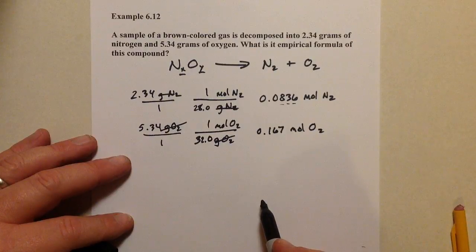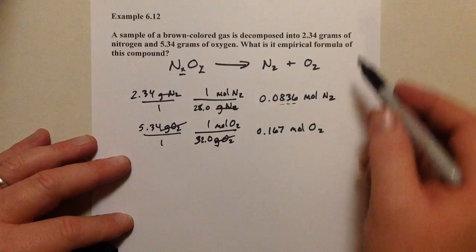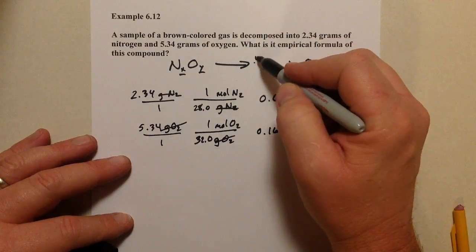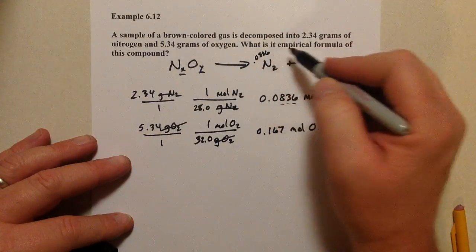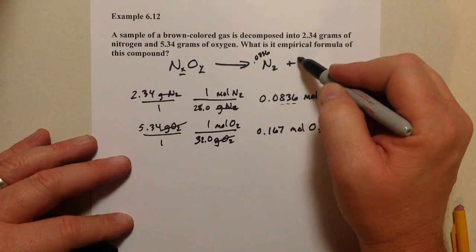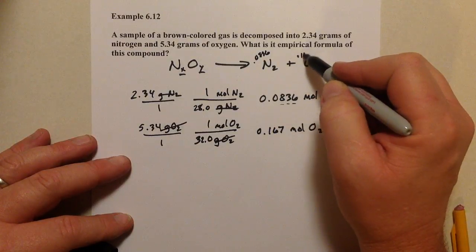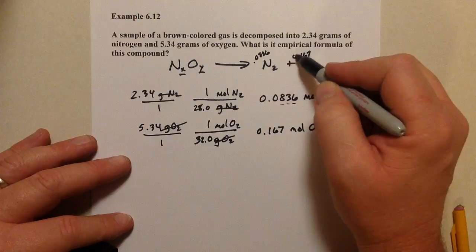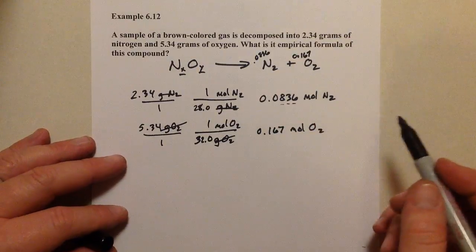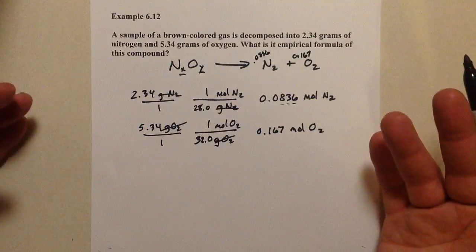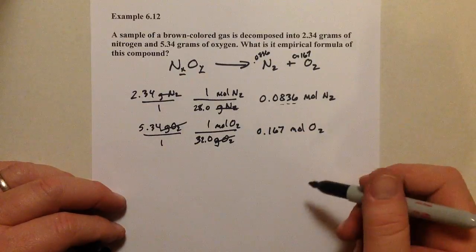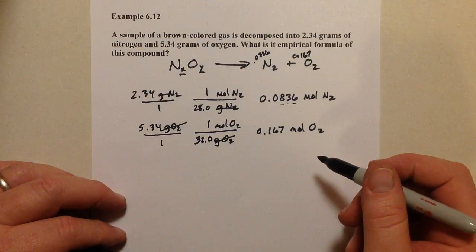Well, what we can't do is write 0.0836 and 0.167 here. Because if you remember, John Dalton told us we got to do whole number coefficients. And that's where the next step of the math comes in.